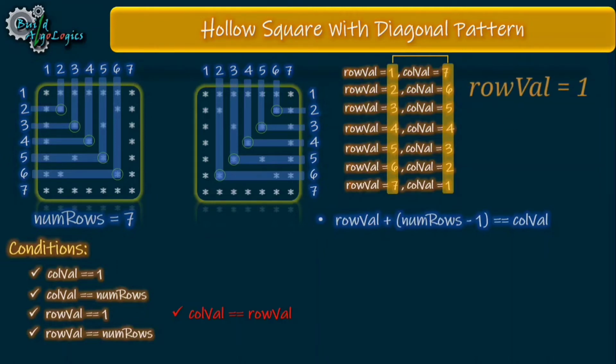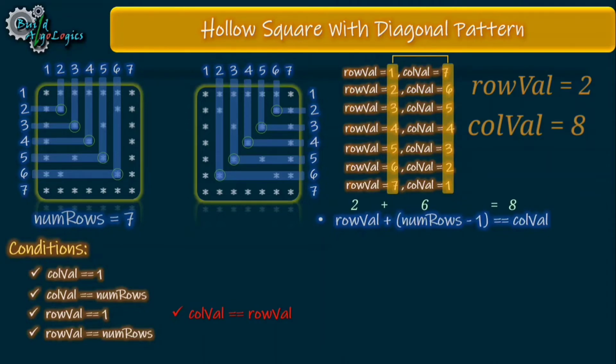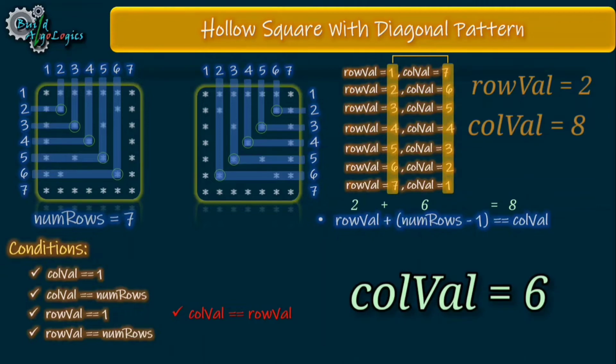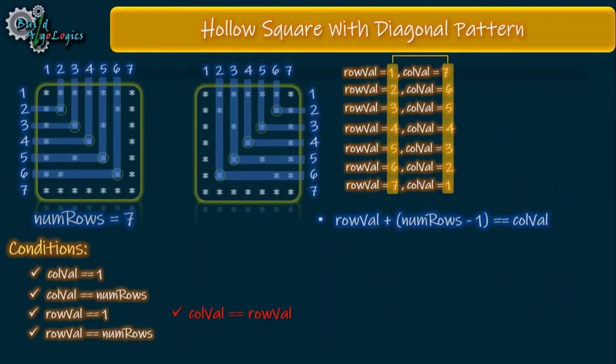For row val 1, col val is 7 as it is the same as num rows, because adding and then subtracting the row val, only num rows will remain. Now when the value of row val is 2, this time we require col val as 6, which means this condition will not work here. Now we derive our second condition like this.